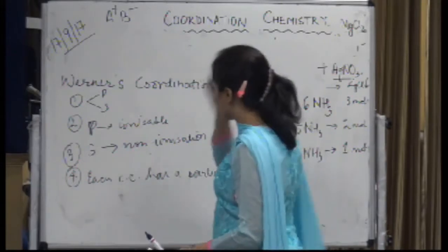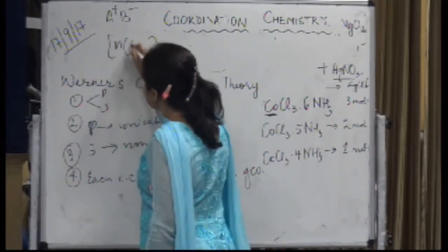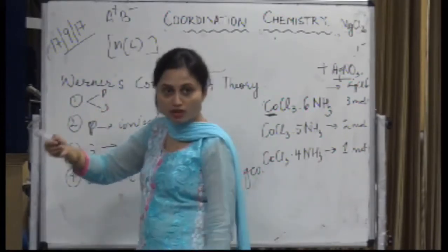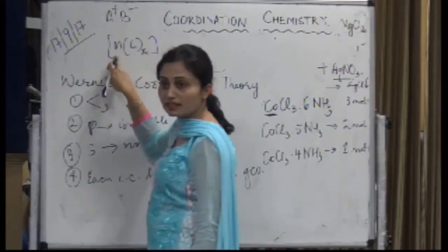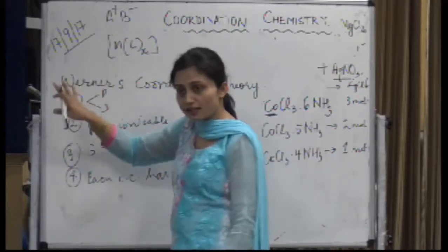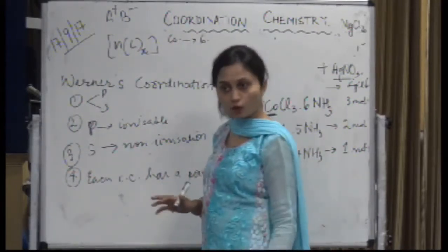What is this coordination number? For a metal, it is the number of ligands that get attached to the metal atom. So that is fixed. For cobalt it is 6.